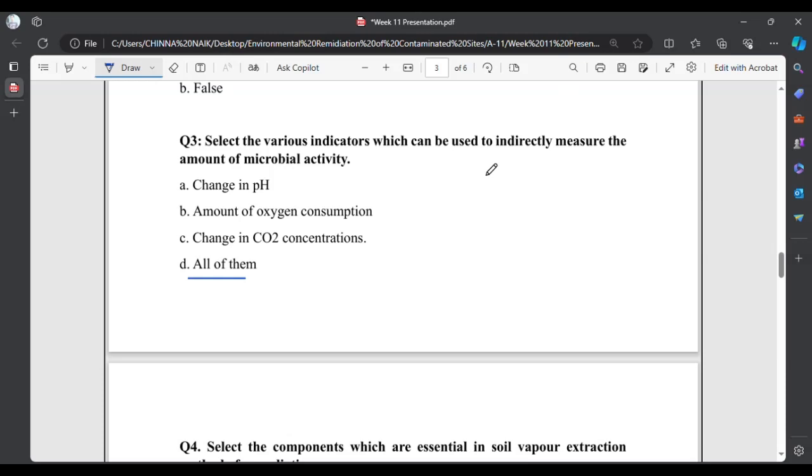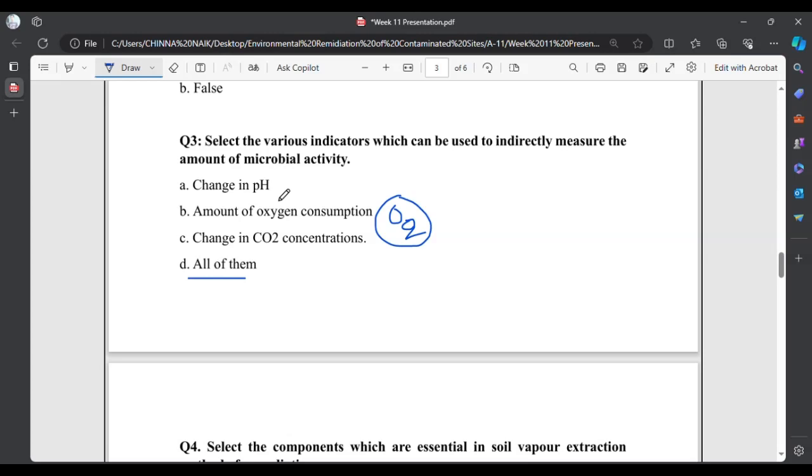So we look at the change in pH of that particular soil or water, or the amount of oxygen they consume. For microbial growth, oxygen is needed. So if contaminated groundwater or soil is consuming more oxygen, that means there is a larger microbial community.